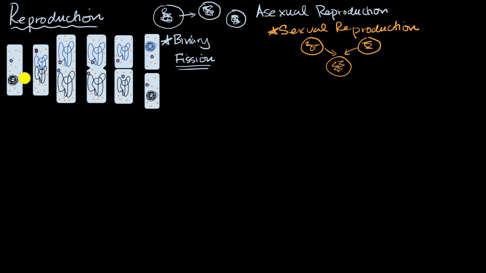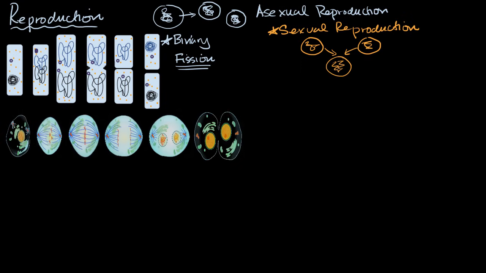Now, binary fission applies to prokaryotes that we talk about in other videos. These are organisms that don't have organelles, that don't have a nuclear membrane. They don't tend to have multiple chromosomes. When we talk about eukaryotes, things that do have nuclear membranes, things that have multiple chromosomes, things that have membrane-bound organelles, you have a similar type of reproduction. This right over here, and we'll study it in depth in biology, this is mitosis.